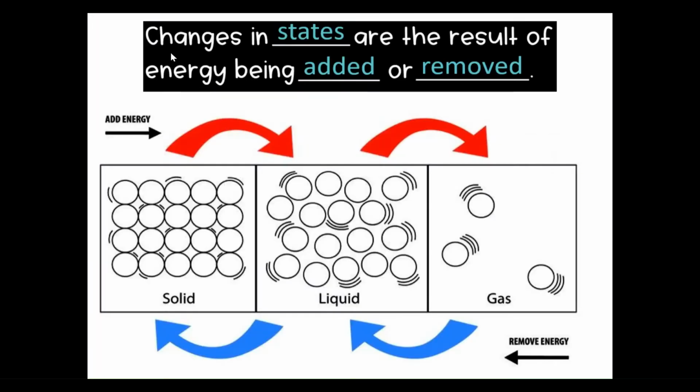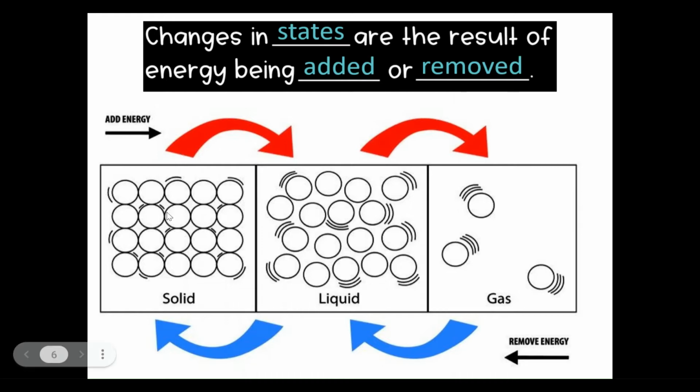Here's what I mean. Changes in state are the result of energy being added or removed. In this picture, the red represents hot or adding energy. The blue represents removing energy, or taking heat away.